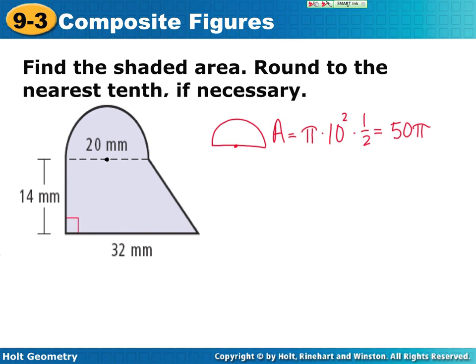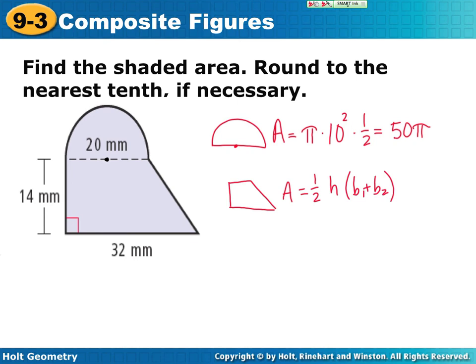Then if you wanted to do the rest as a complete trapezoid, what's the formula for a trapezoid? Now again, if you want to mix the height up in a different spot, that's fine.